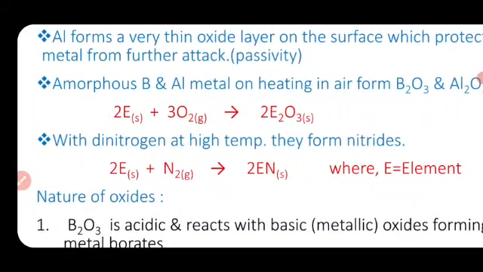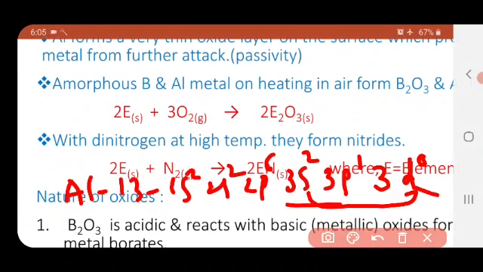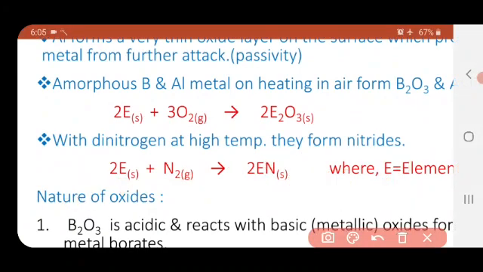So if we put B instead of E, 4B + 3O2 gives 2B2O3, like that 4Al + 3O2 gives 2Al2O3.